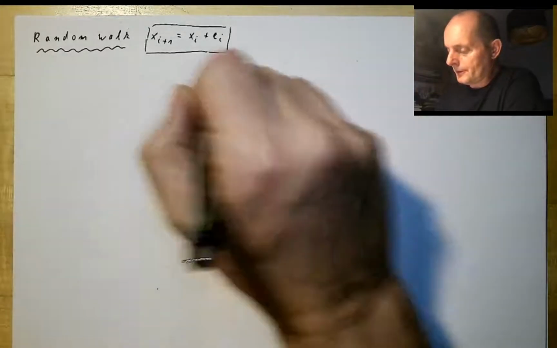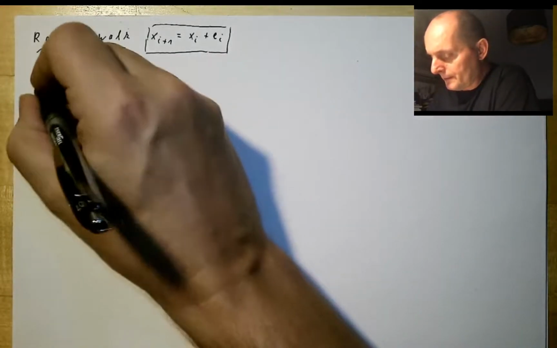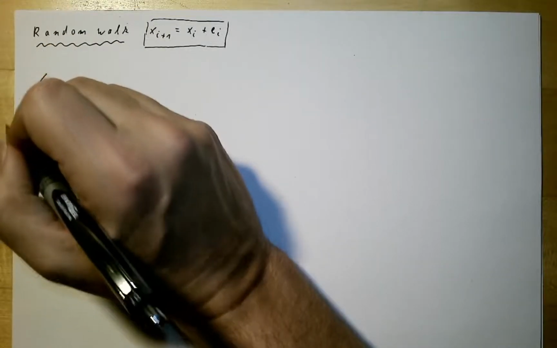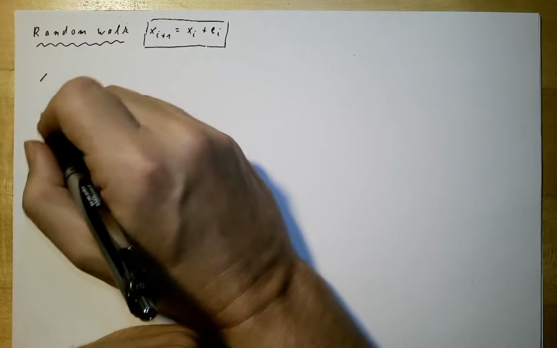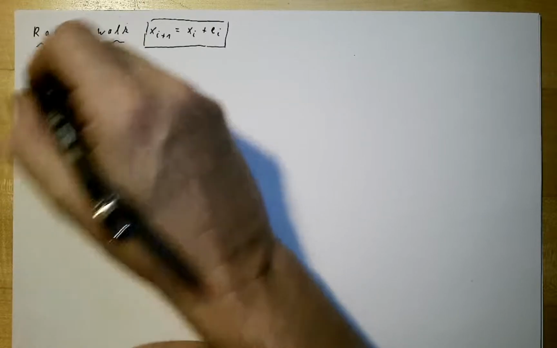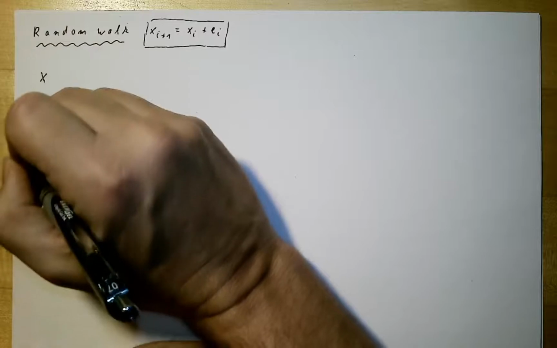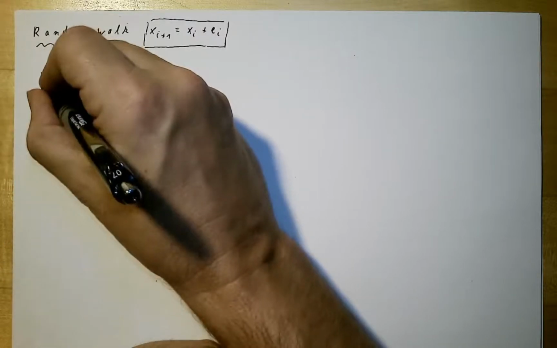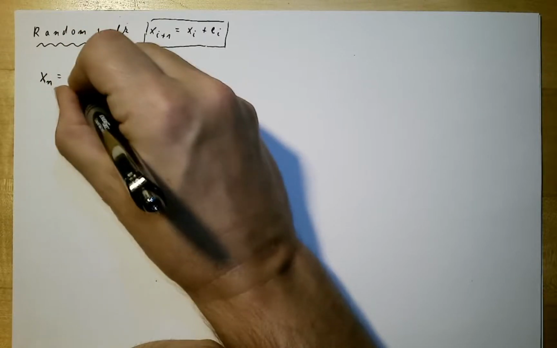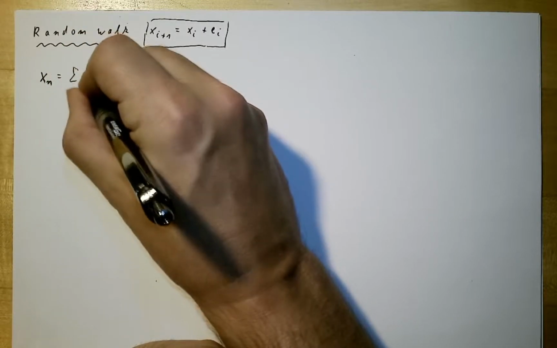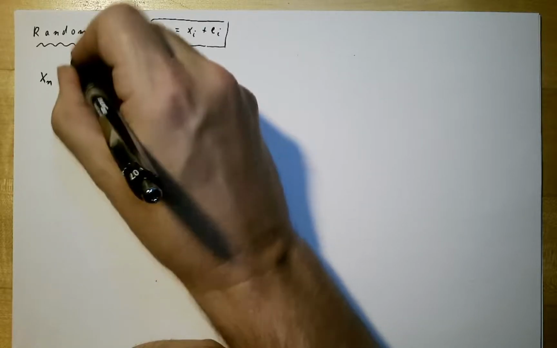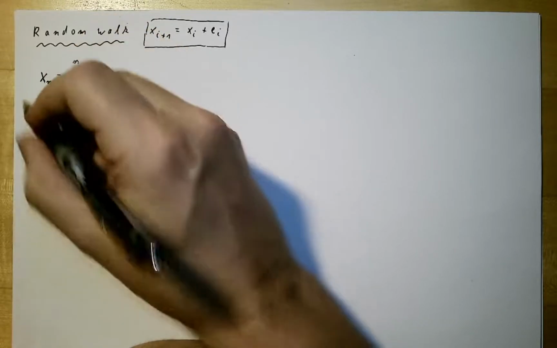By iteration, you can directly see that we can also write the position at a certain time point n directly as the sum of all the increments from i equals 1 until n.